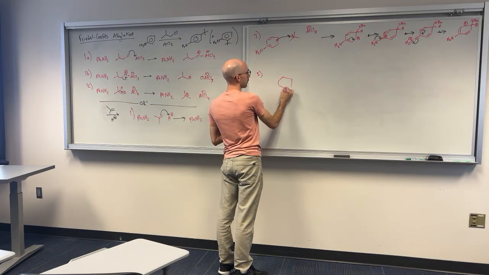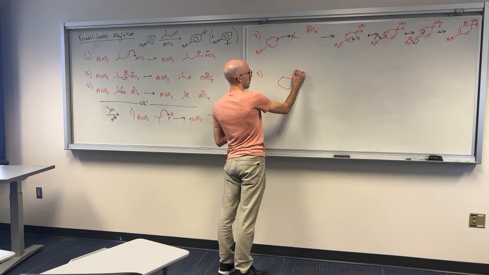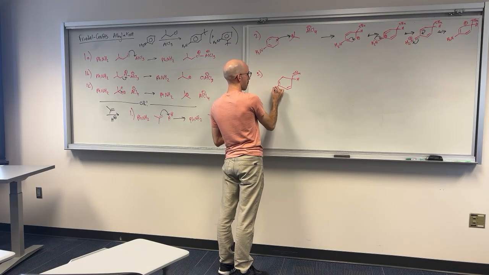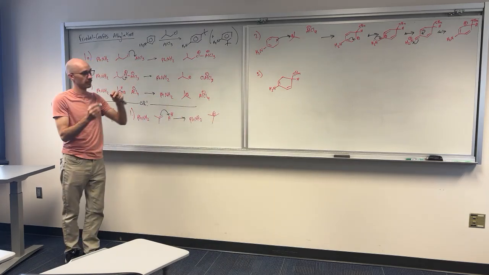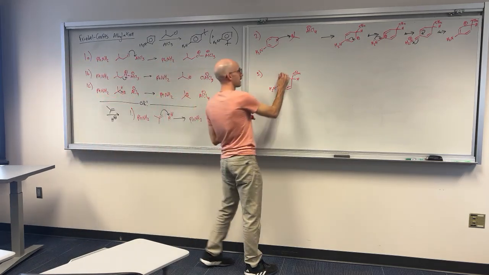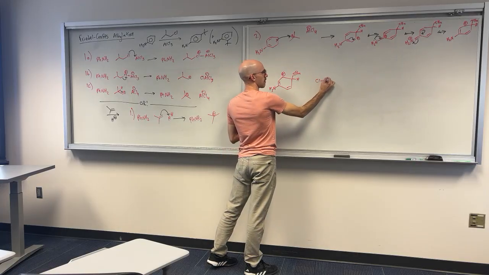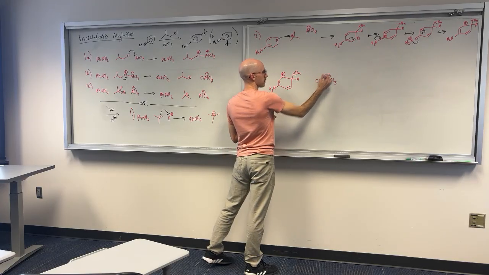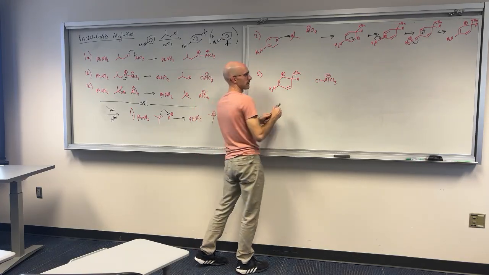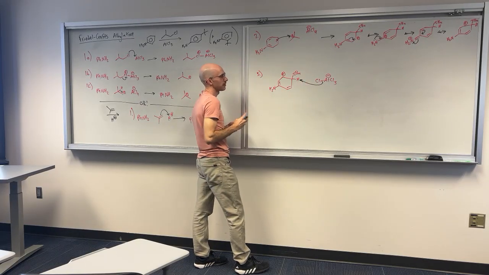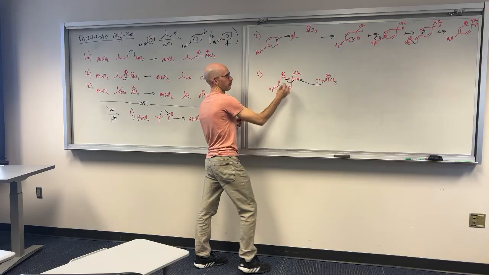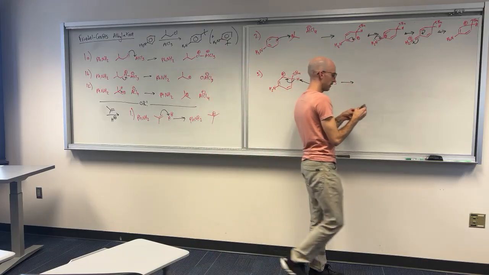And our last step, what can we call it? Addition? We just did addition. Step 2 is addition. Elimination. Where chlorine takes its bond back from aluminum, bonds to hydrogen, the CH bond reforms aromaticity.